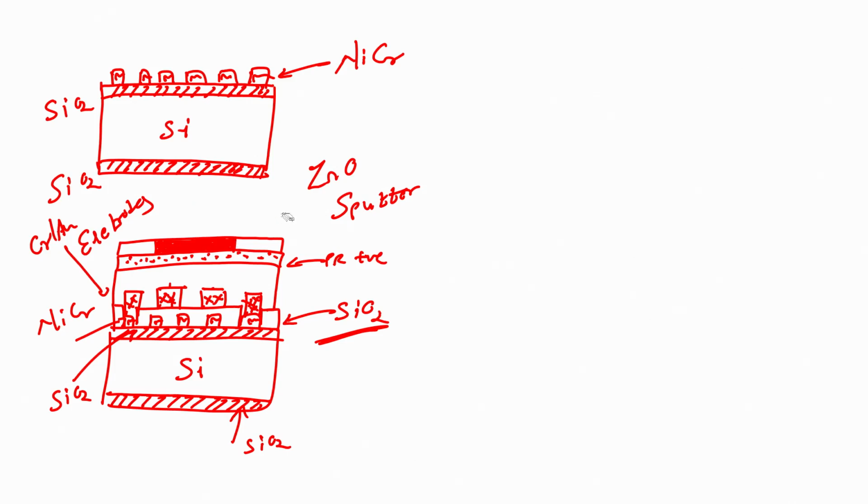This is zinc oxide here, all right, and this is our bright field mask. Next step is we will expose with UV, right. After this exposure, if I develop the wafer, what will happen?